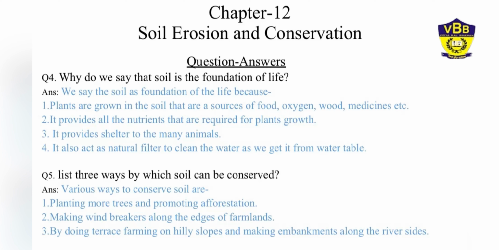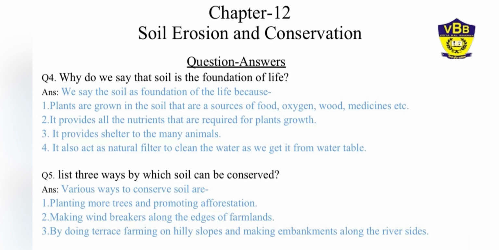It is also shelter for so many animals, like some animals they live in holes, some animals they live in burrows, and some microorganisms they are living in the soil. It also acts as a natural filter to clean the water. As you know that different layers of the soil act as a filter to clean the water.